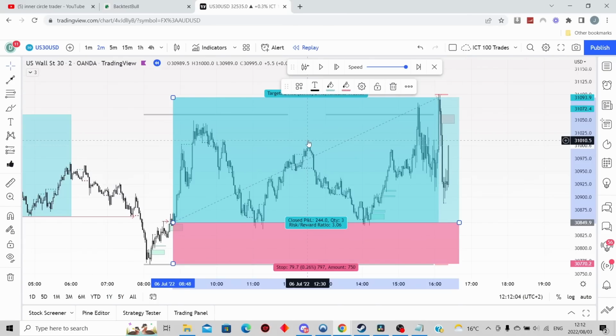As you can see, this second trade has also hit TP.